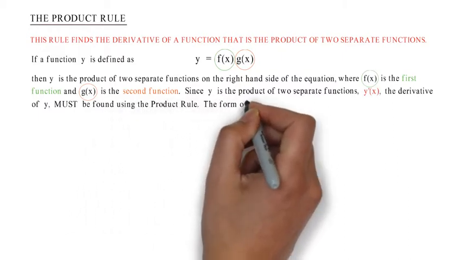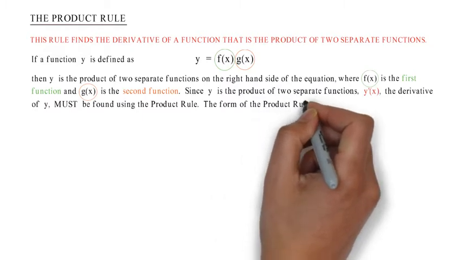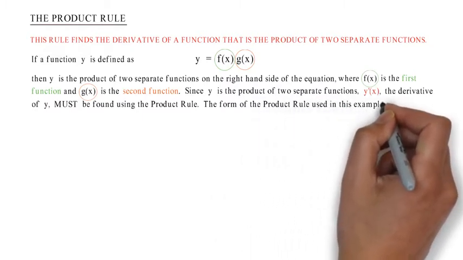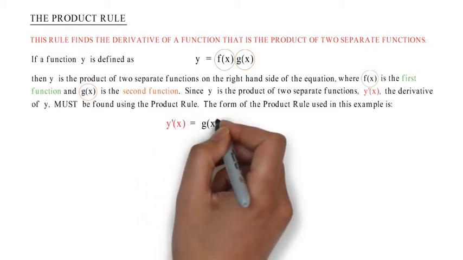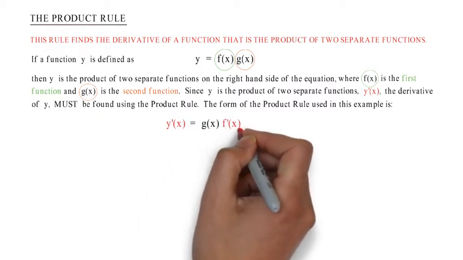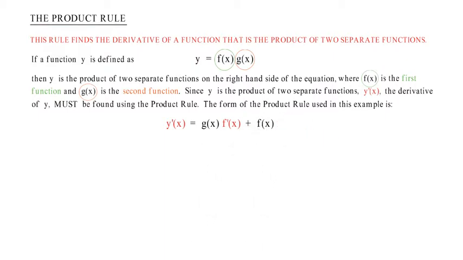The form of the product rule used in this example is y'(x) equals g(x) times f'(x) plus f(x) times g'(x).